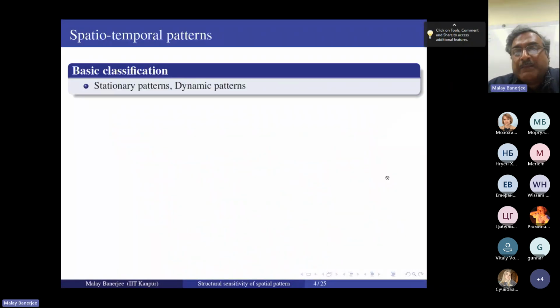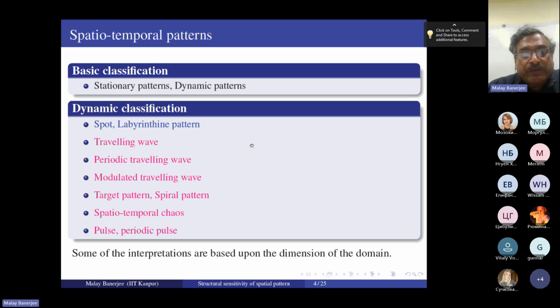Okay, now as I have mentioned in the previous slide, basically we can categorize the pattern into two different types with respect to its variation over time. One is stationary pattern and another is dynamic pattern. Now if we look at different types of patterns depending upon their origin, or the type of initial condition we use, or the type of instability present within the model system under consideration, there are different types of patterns.